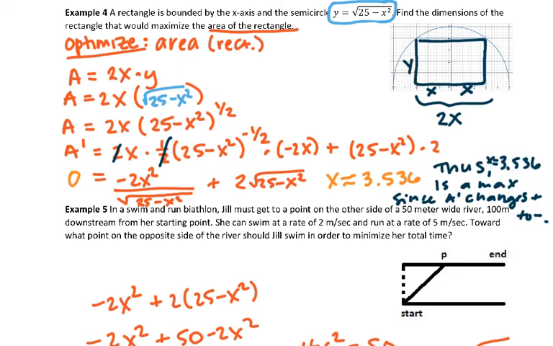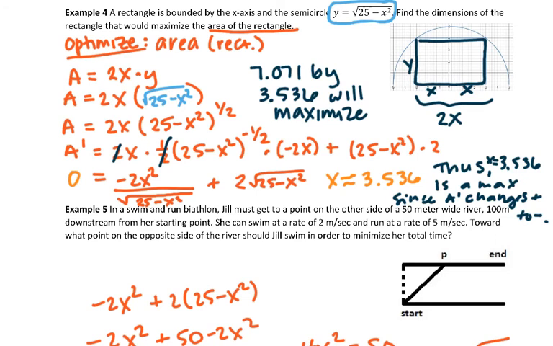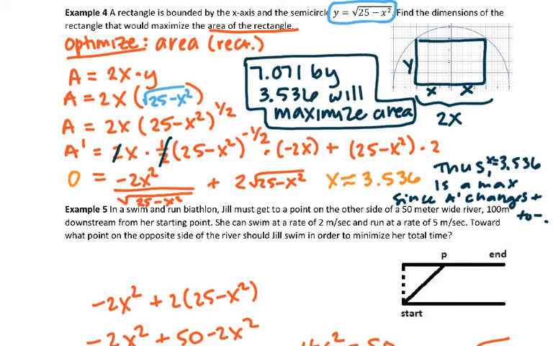So we'll say that the rectangle ends up being 2 of those x's, so 7.071 by the y value, which happened to be the same, 3.536, will maximize the area. And you're going to find this a lot in maximization problems, that the more closely the shape resembles a square or circle, the more optimal the area gets.